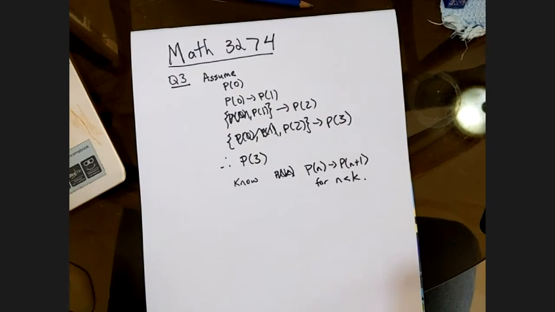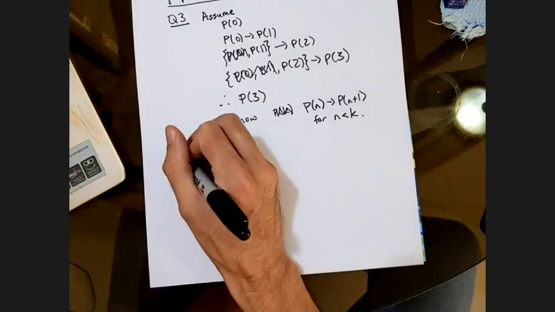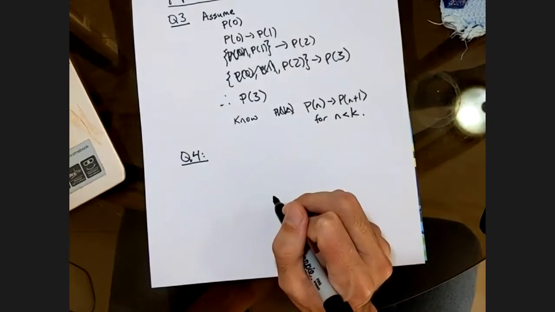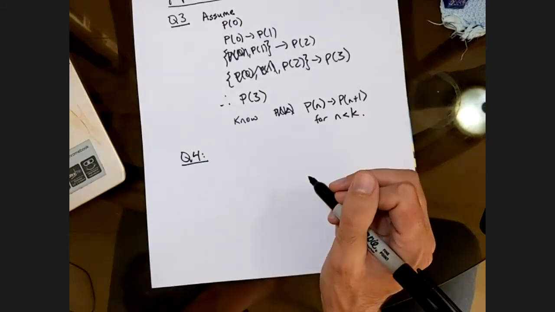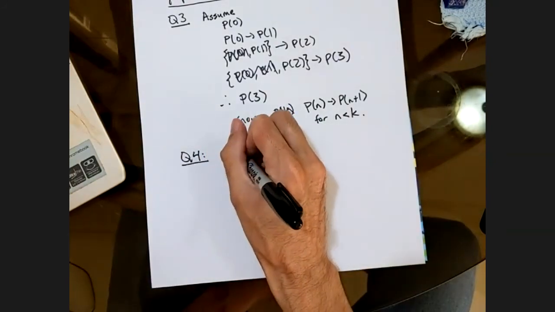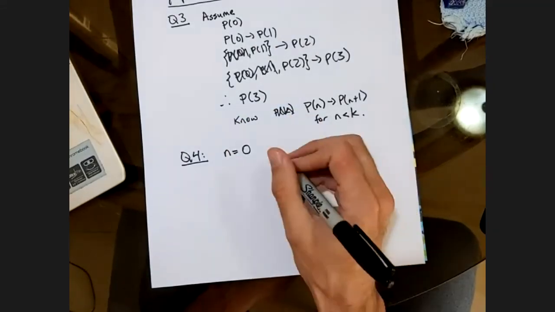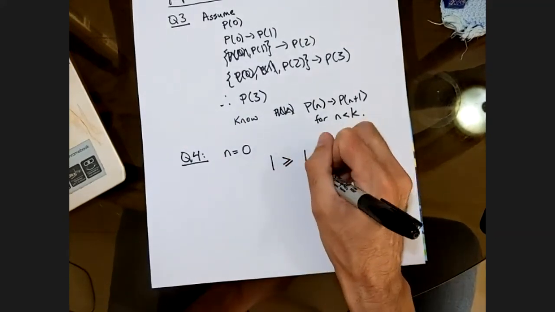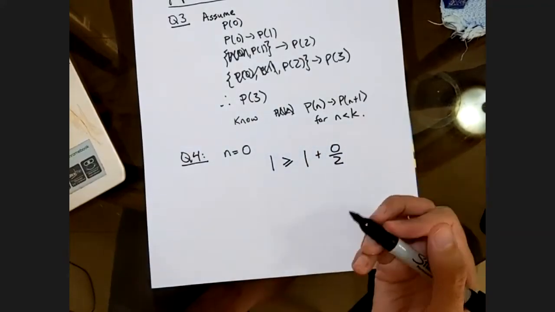And then for question 4, let's write out the different statements, what they mean, and see if that gives us any hint. For n equals 0, question 4 says 1 is greater than or equal to 1 plus 0 over 2.